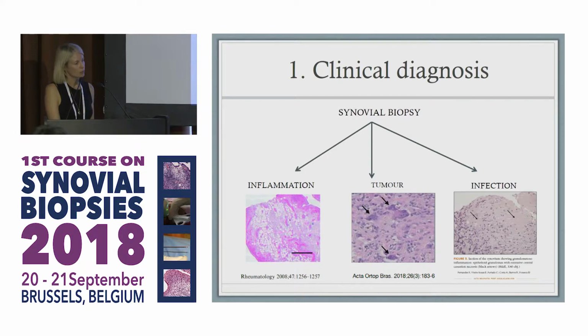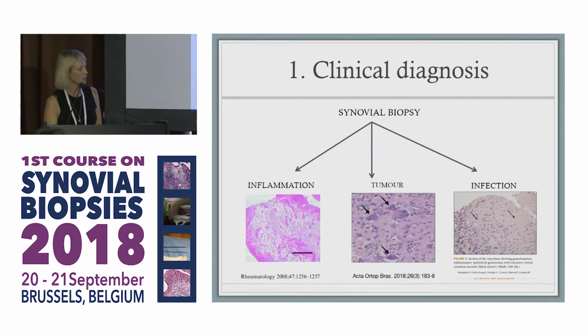When we think about clinical diagnosis and the use of synovial biopsy, we think about it in three main areas. First, to differentiate inflammation from infection in particular, and where I work in East London, that's a particularly frequent presentation of, for example, somebody with tuberculous synovitis.